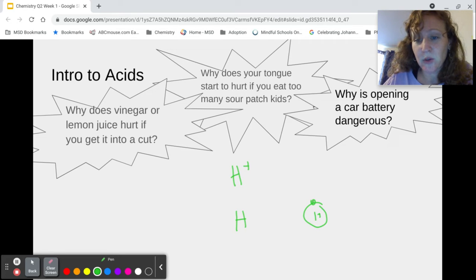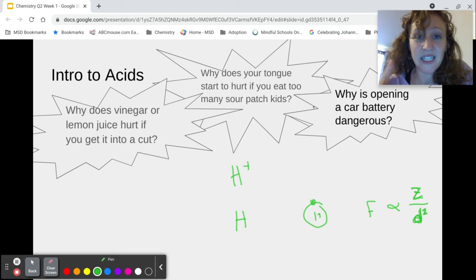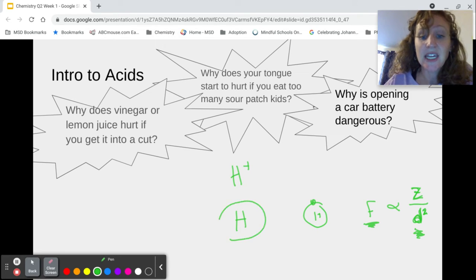If we look at Coulomb's law and the force of attraction, that's proportional to the nuclear charge over distance, right? Hydrogen really doesn't have a very high nuclear charge, but it has a very, very low distance between the proton and that one valence electron. And because the distance is so small, it makes that force of attraction pretty large. So hydrogen really has a high electronegativity.